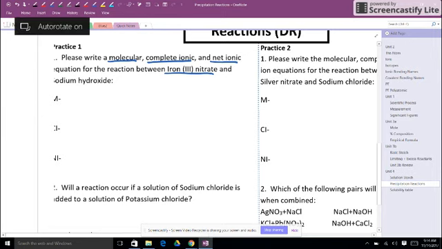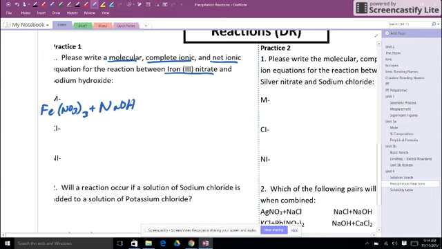So for this first problem, it says we're mixing iron 3 nitrate solution. So that would be Fe plus 3, NO3 minus 1, so Fe(NO3)3, plus sodium hydroxide. Now the molecular equation is just the one we're used to, so it's the whole thing.